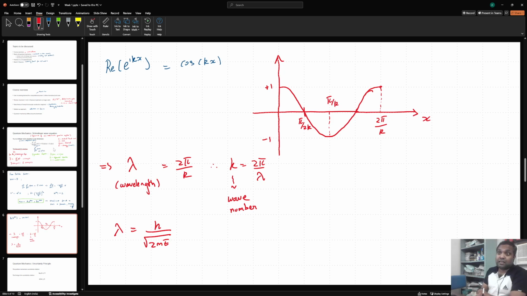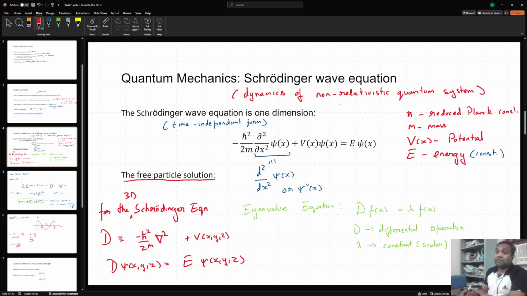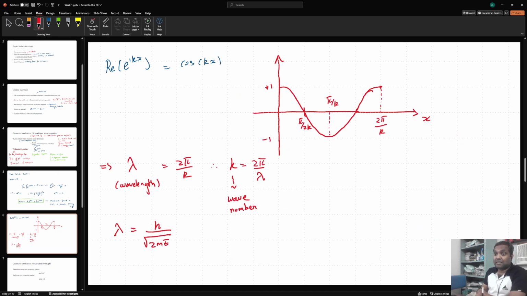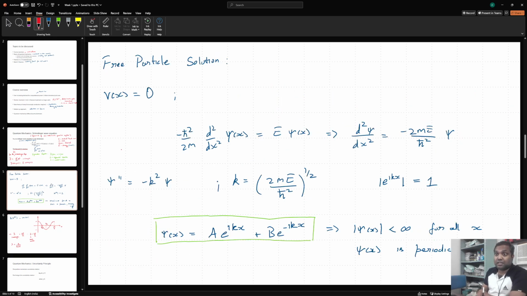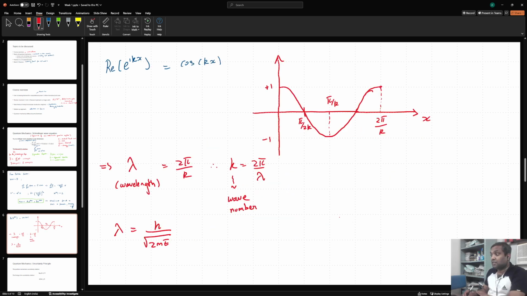Since I am in the non-relativistic regime, and since V is equal to 0, the potential is 0, I can say that E is equal to p squared by 2m, which is the kinetic energy.